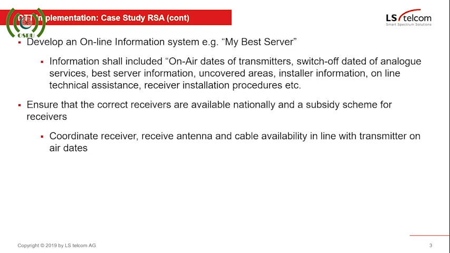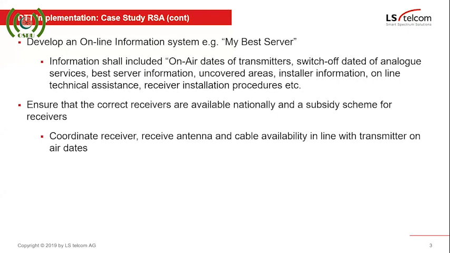So other information that needs to be included on this online help facility or My Best Server facility is on-air dates of transmitters, switch-off dates of the analog services, because you will have both analog and digital running at the same time. You should have your best server information. You should have information on uncovered areas, to ensure that the installers and also people doing their own installations are not looking for a signal while it is an uncovered area.